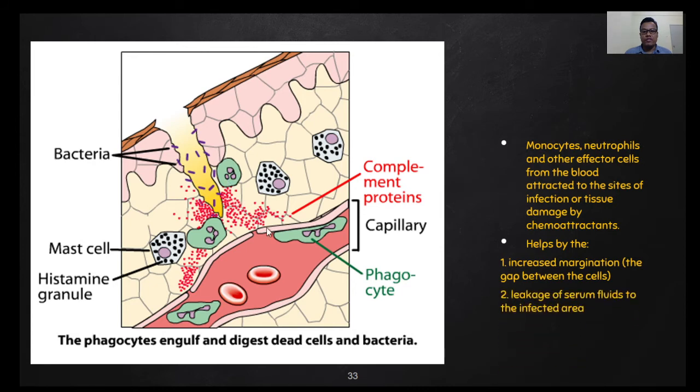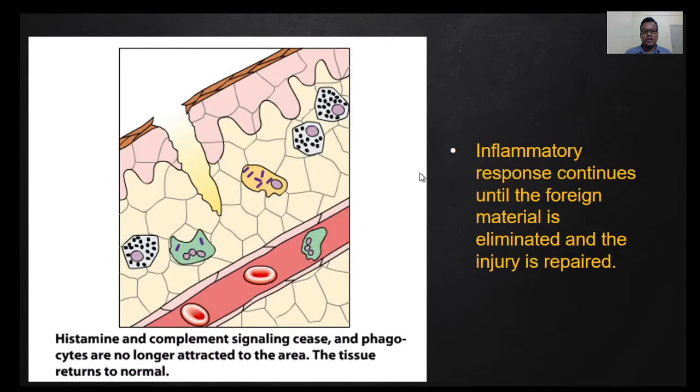Leakage of serum fluids to the infected areas brings so many other serum proteins such as complement proteins. Inflammatory response continues until the foreign material is eliminated and the injury is repaired. Then the tissue returns to normal.